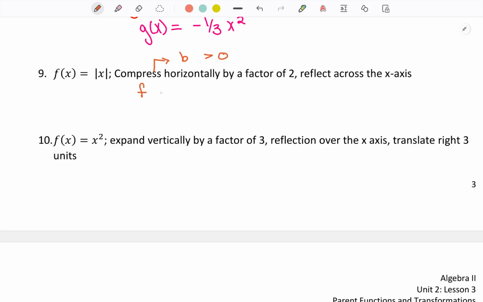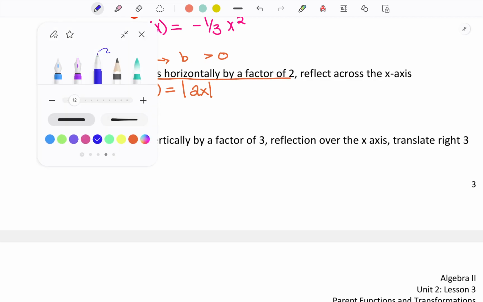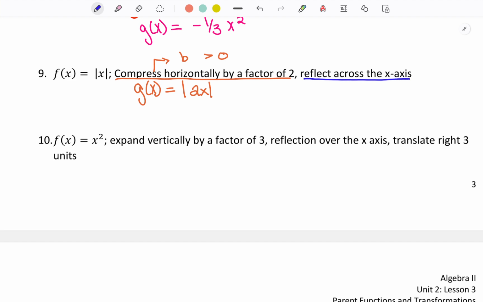So we will take g of x, and we will have the absolute value of 2x, and then we're going to reflect across the x-axis. And that will be a negative in front. And so we'll have the negative absolute value of 2x.